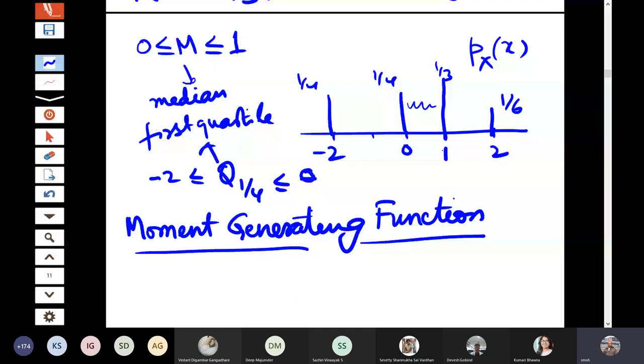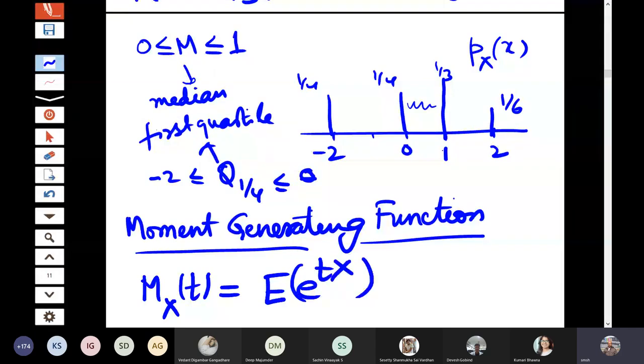So now I talk about a function called a moment generating function. If x is a random variable, we define M_x(t) equal to the expectation of e to the power tx, where t is any real number.